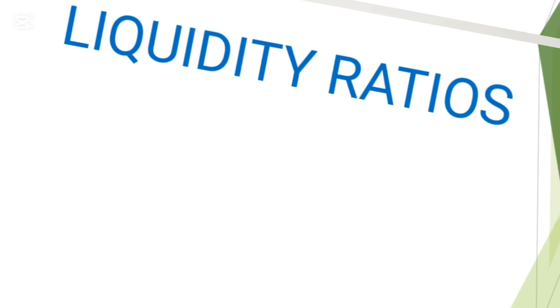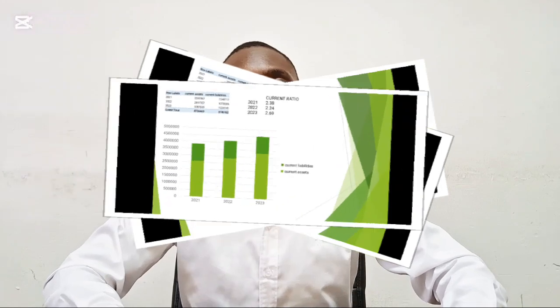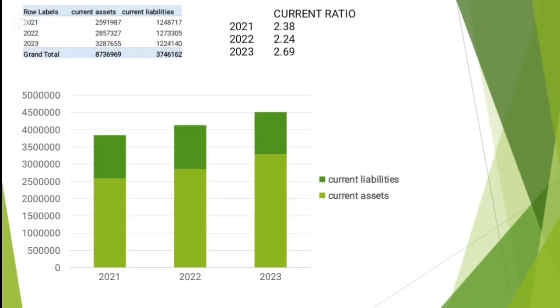So we are going to go straight into liquidity ratios. Liquidity ratios help us to assess the ability of the company to settle short-term obligations. The first ratio we're going to look at is the current ratio. The current ratio helps us to know if the current assets are able to settle current liabilities.